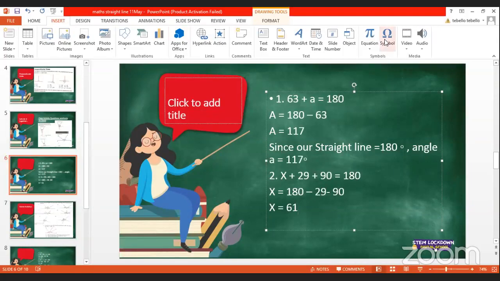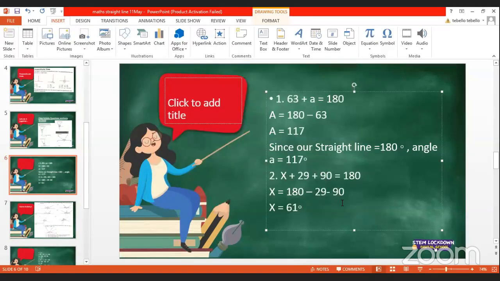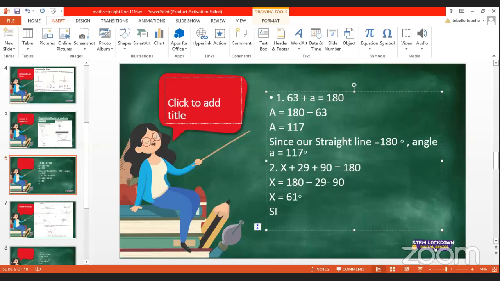I know most of you got this one right. This one is definitely correct. Let's have our degree sign there. So let's say our explanation here.